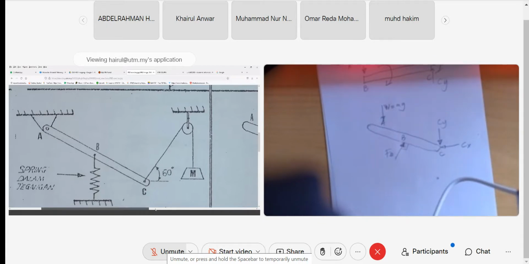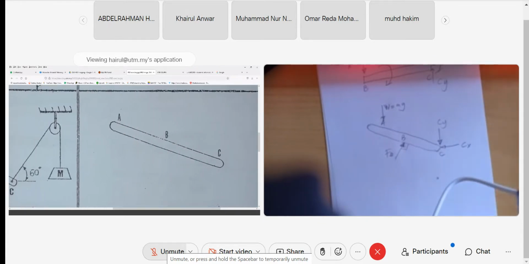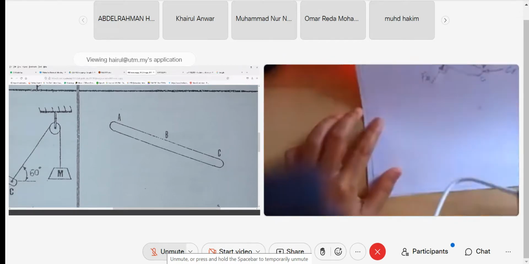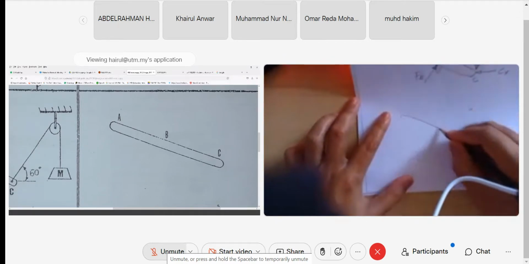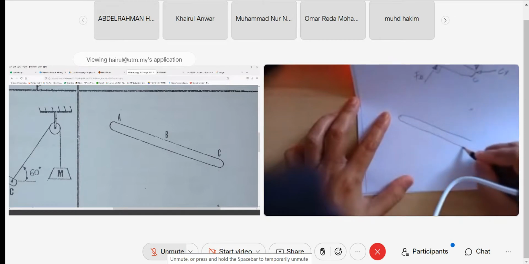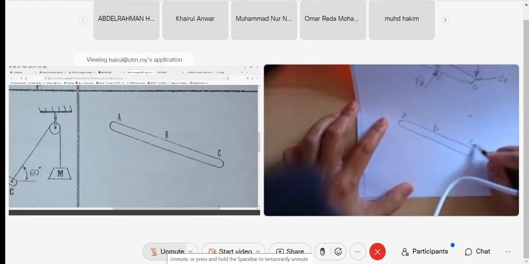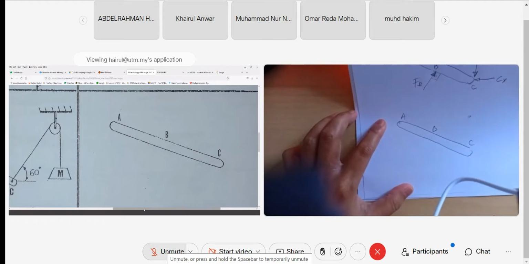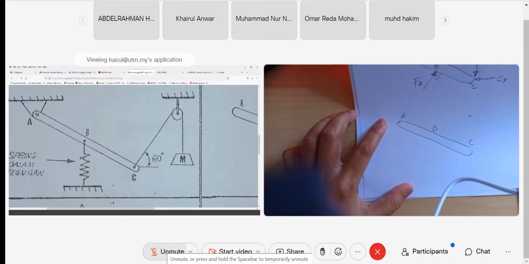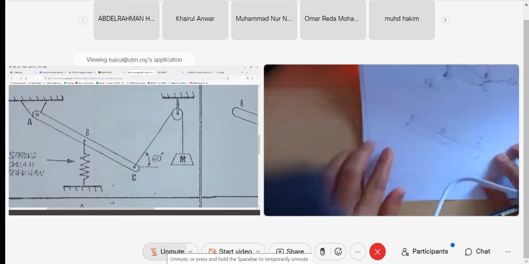So what is the free body diagram of this one? ABC. Okay, A, what do we have at A? Can you see my color?